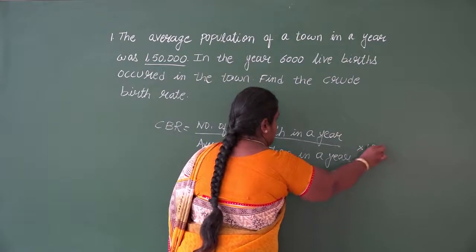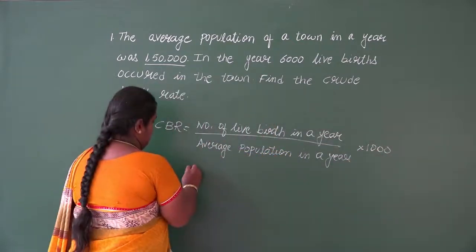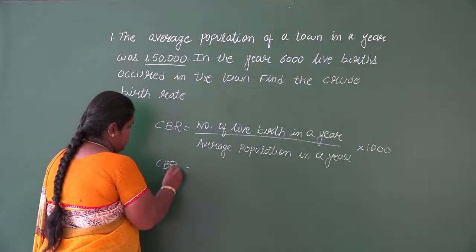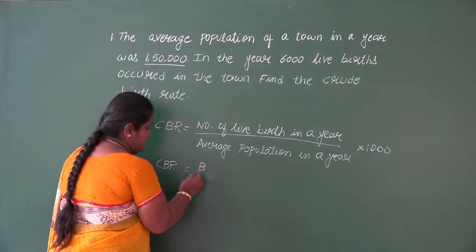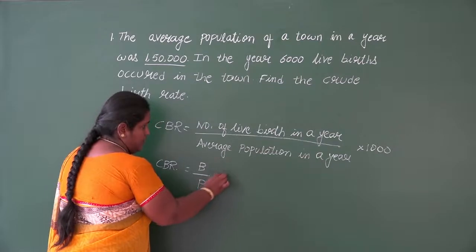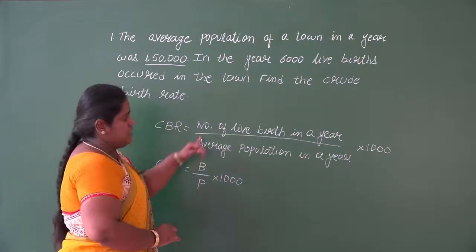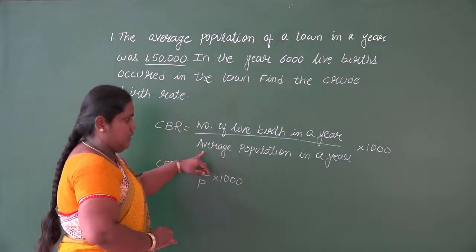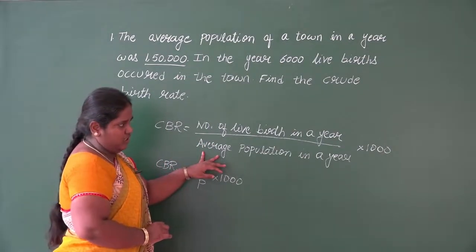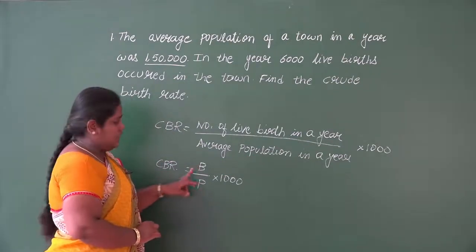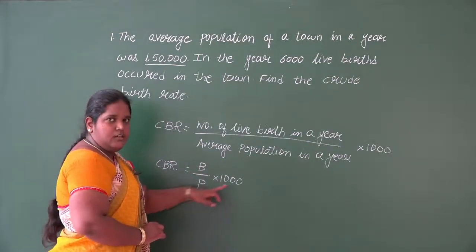Before that, CBR we can write in terms of symbols as B divided by P into 1000. So either you can use the statement, number of live births in a year divided by average population in a year into 1000, or you can just use the symbols, B divided by P into 1000.